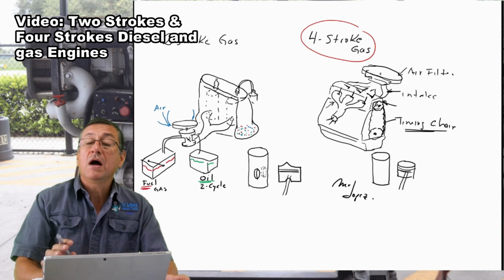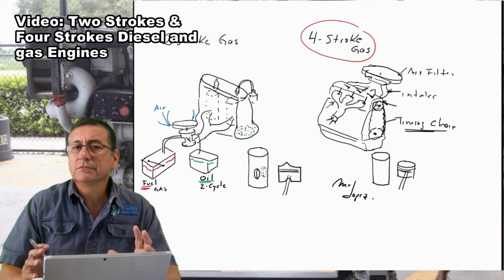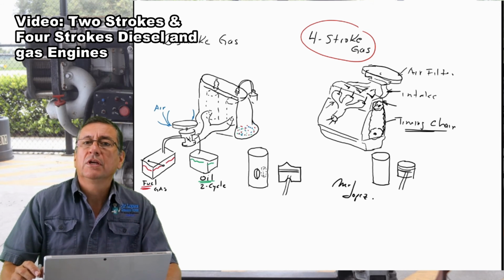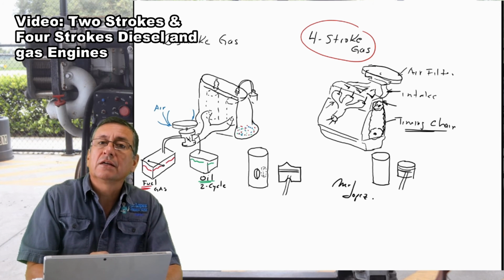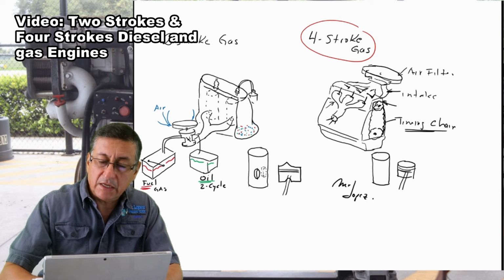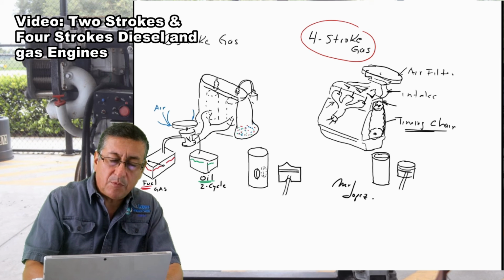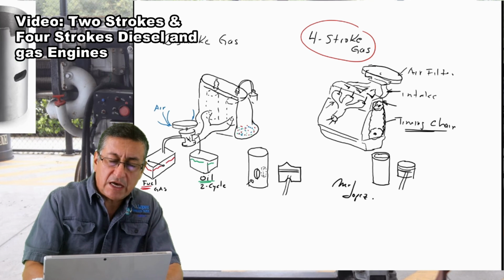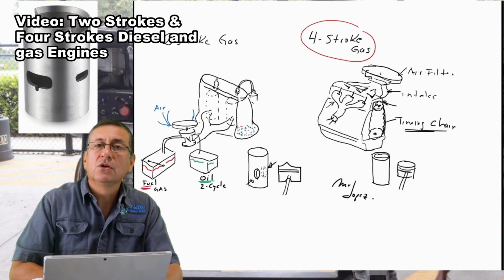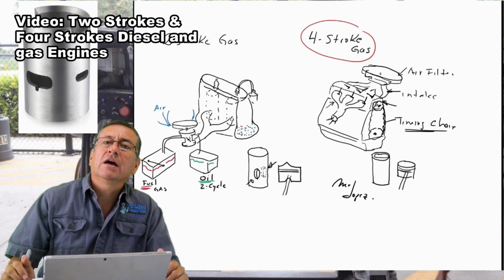In 2 strokes, what happened in 2 strokes? In 2 strokes, there are some differences. For example, in 2 strokes, the cylinder is not a cylindrical element like this. The cylinder has a couple of holes, one on each side, 2 holes, one in front of the other one, like the picture that you have on the screen right now.